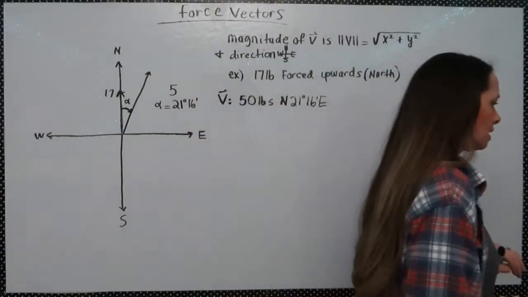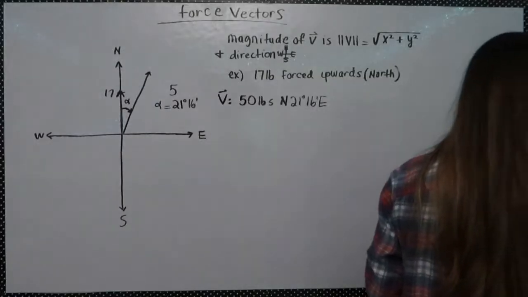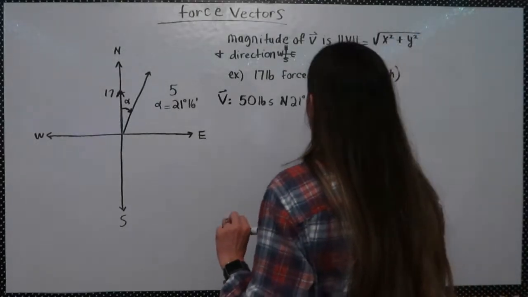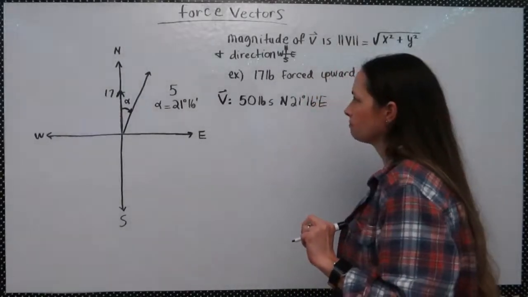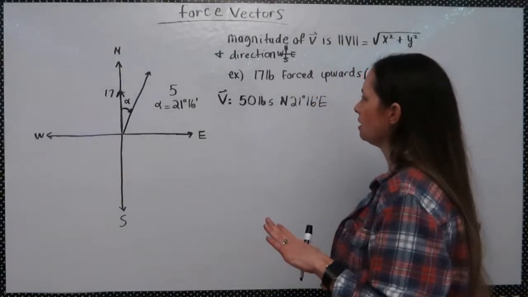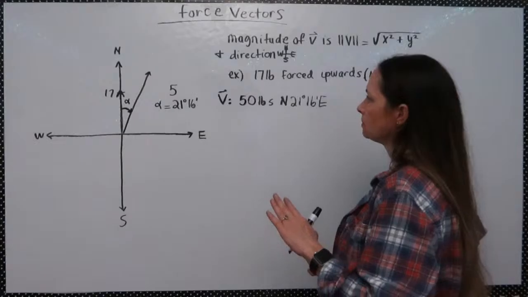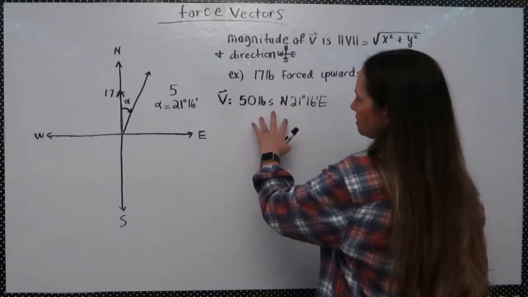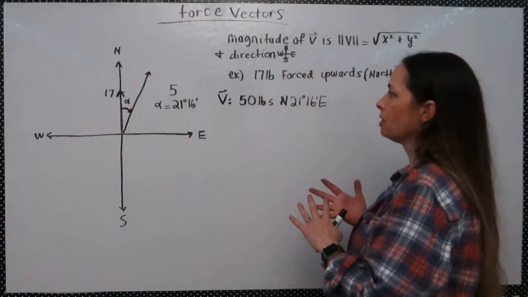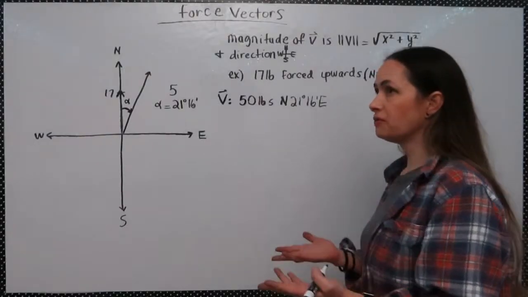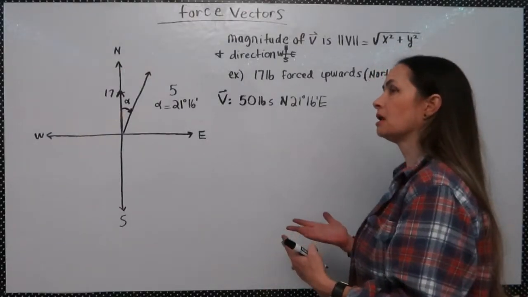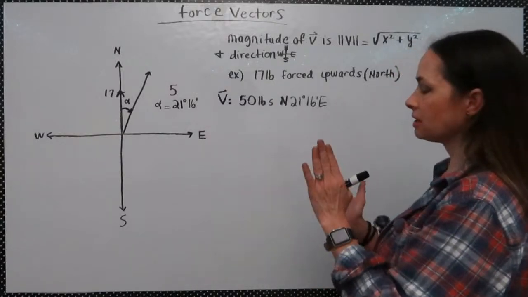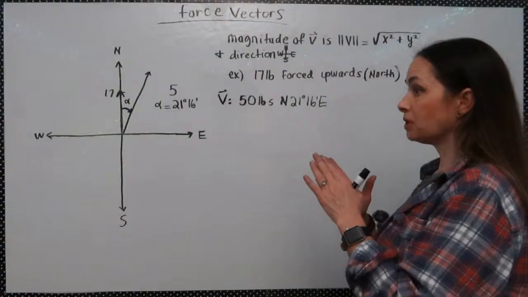Okay, and basically where the trick comes in is we can use this to either add or whatever we're going to do. If you have two vectors, you can add them together. There's also a way to calculate the resultant vector when you add them together.